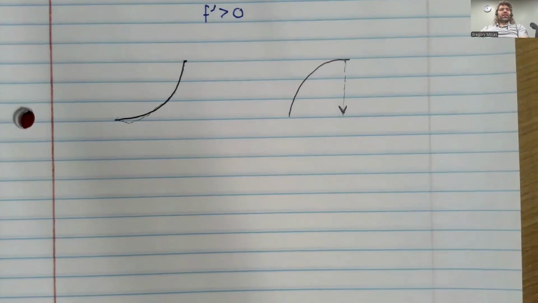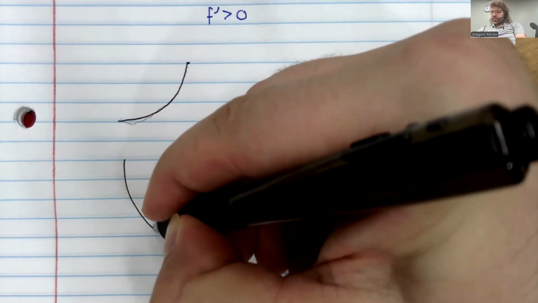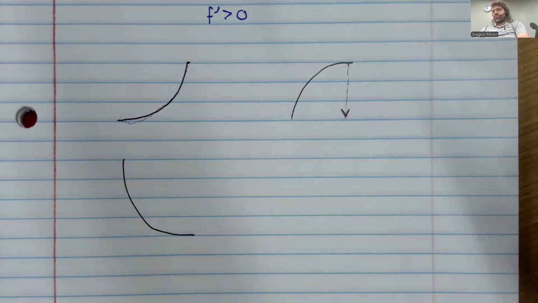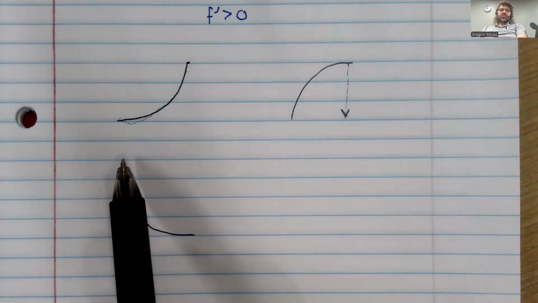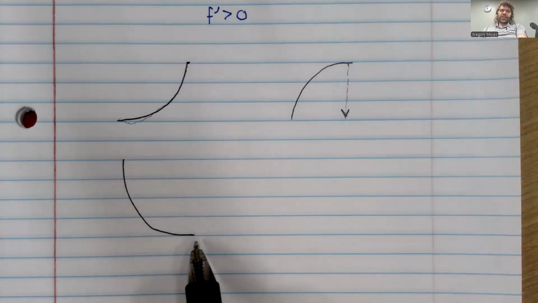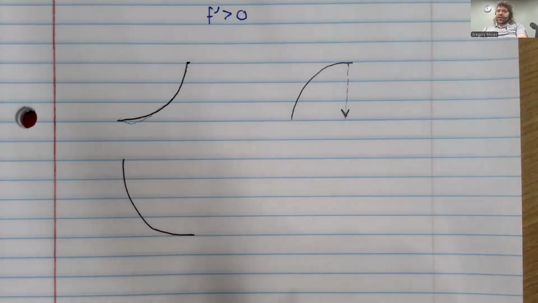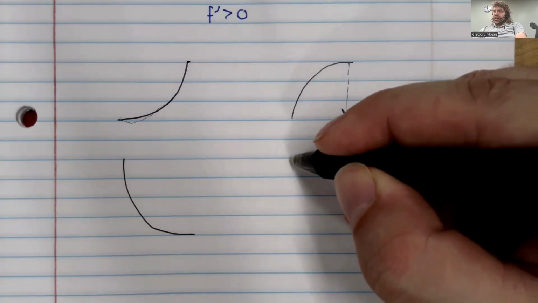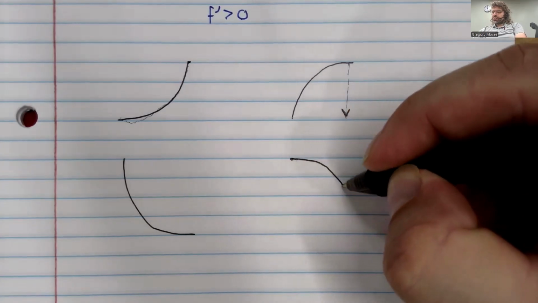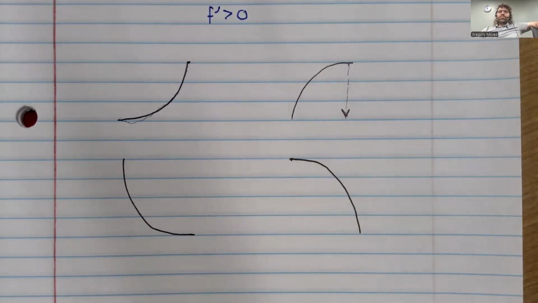And for cases where the function is decreasing, you can also draw pictures that look like this. This slide starts on the upper left and it decreases to the lower right, but it's upright. You can go down the slide. This slide starts at the upper left and goes down to the lower right, and it's upside down.